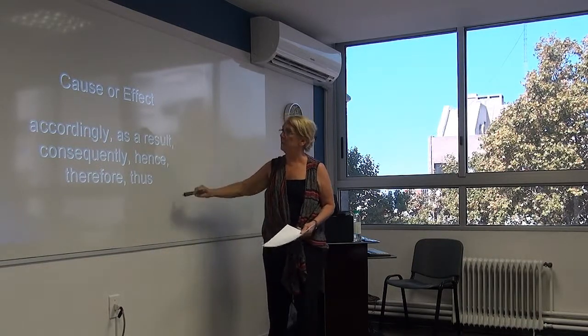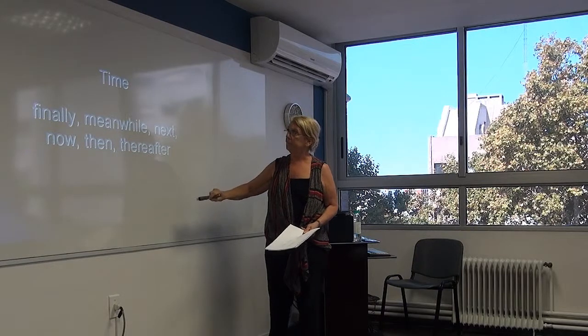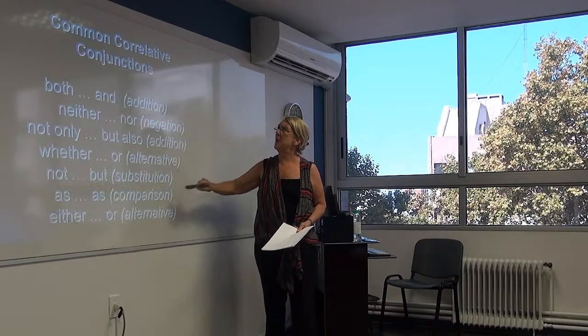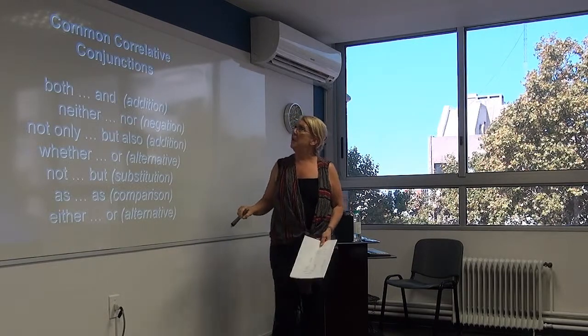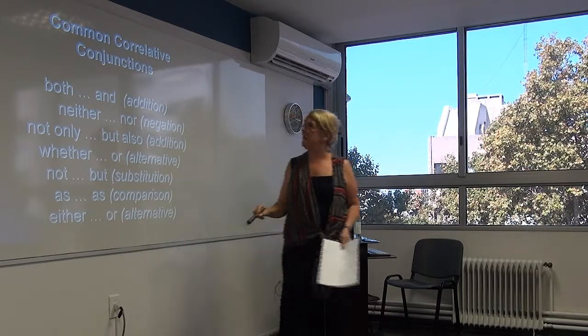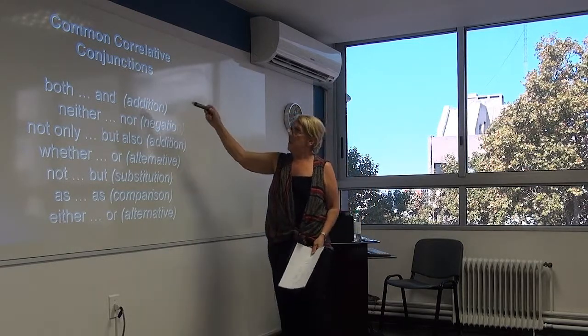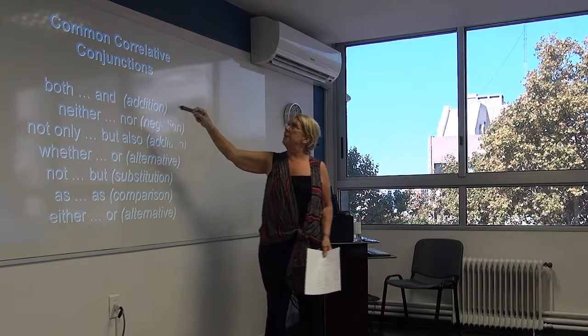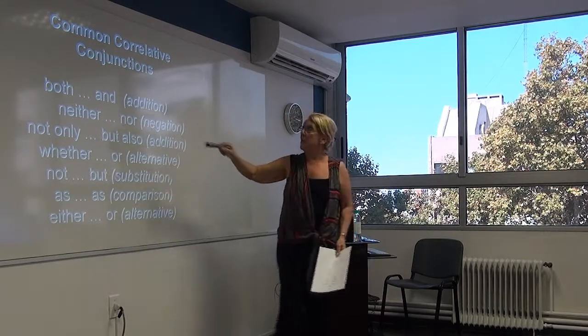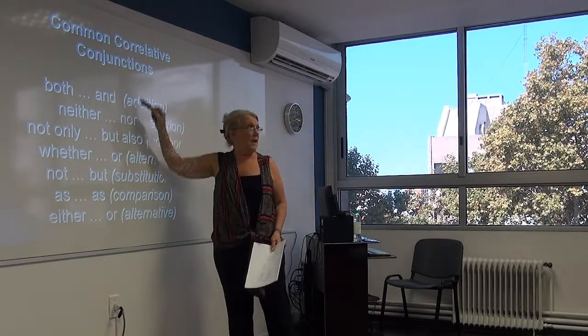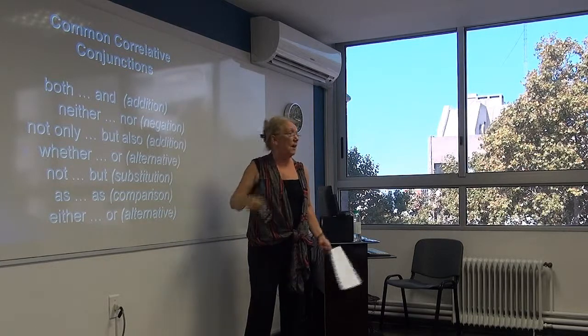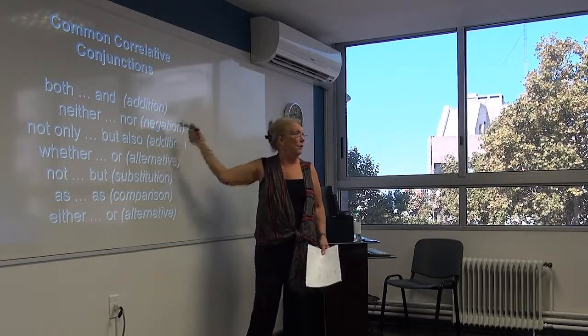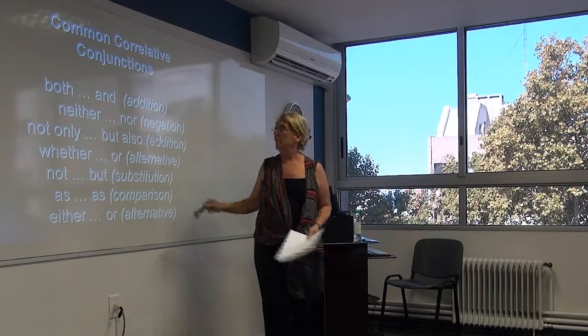Cause and effect, words like this. Time sequence. Give them the mechanics of it. We also have these correlative conjunctions that require parallelism on both sides, so I remind them that these also are in that category.